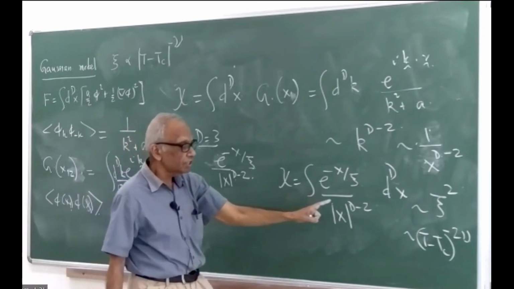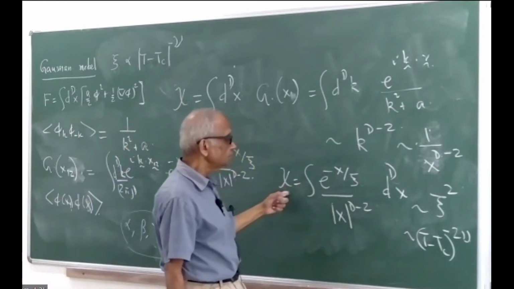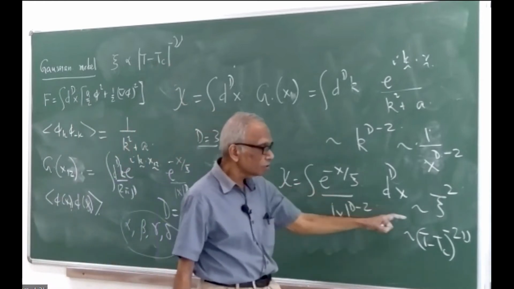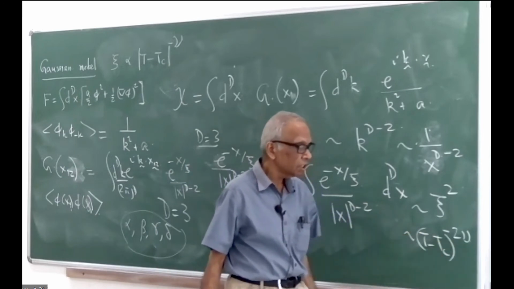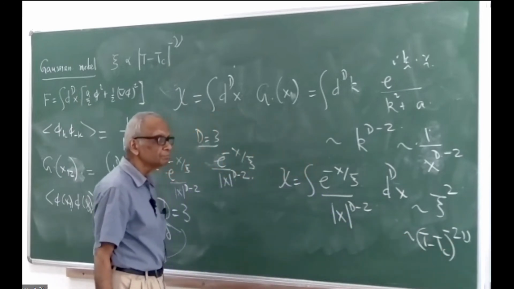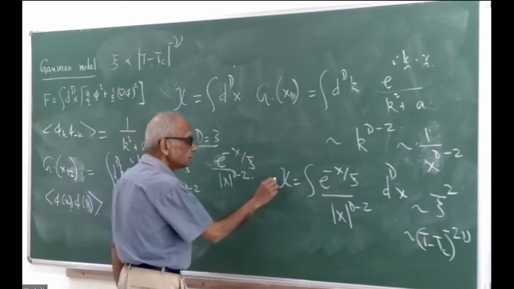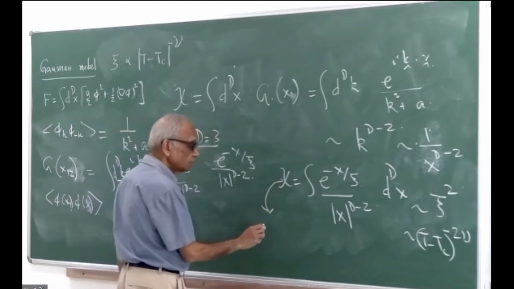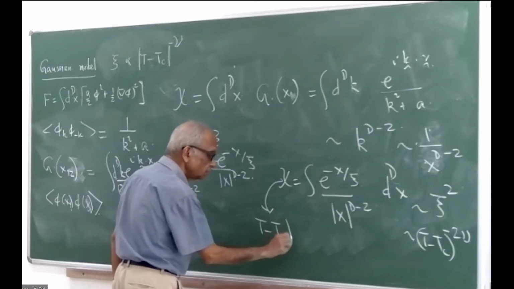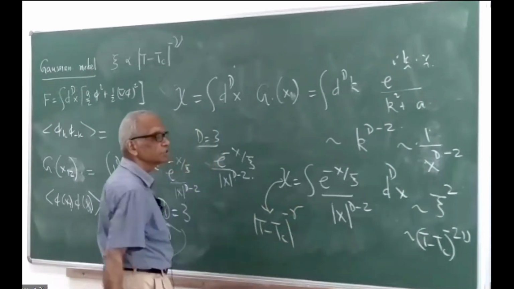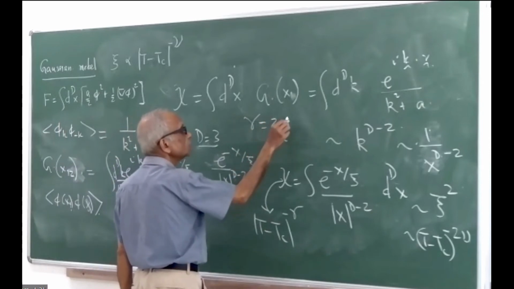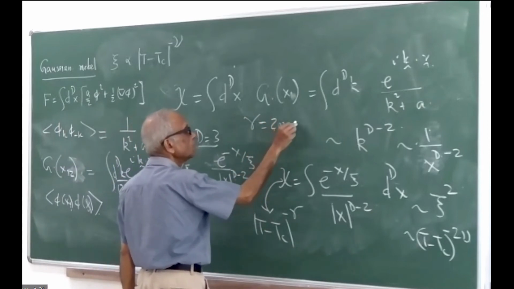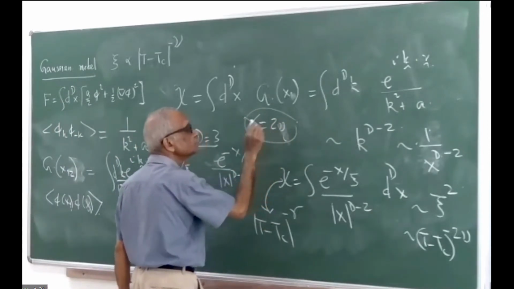So the susceptibility is t minus tc to the power minus 2 nu, and the susceptibility goes as t minus tc to the power minus gamma, and therefore you get gamma equal to 2 nu, right?